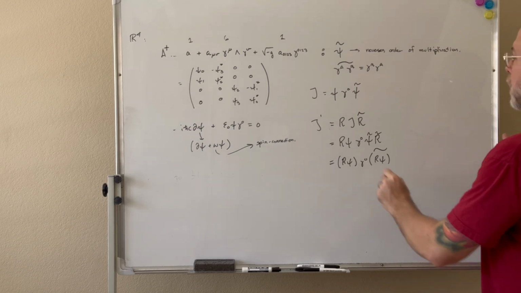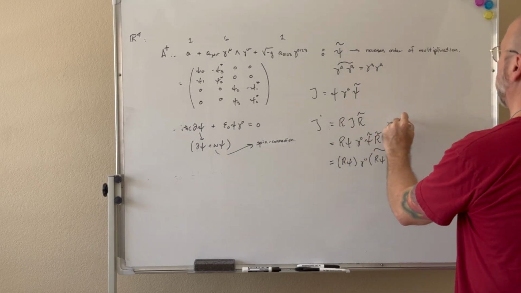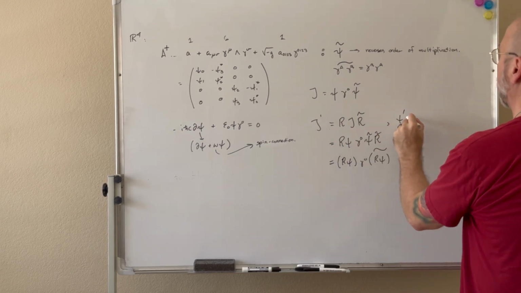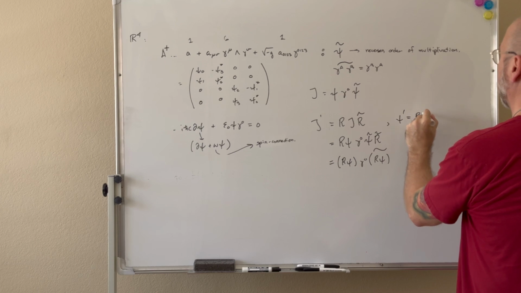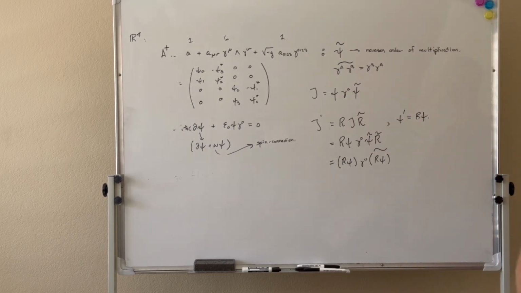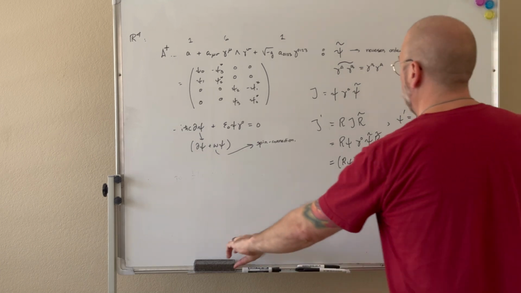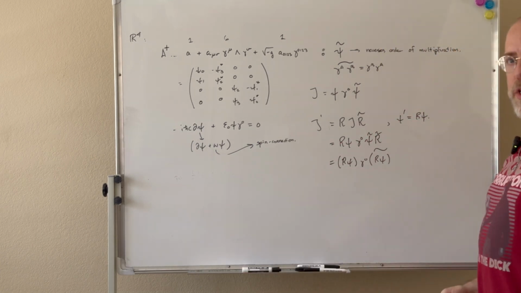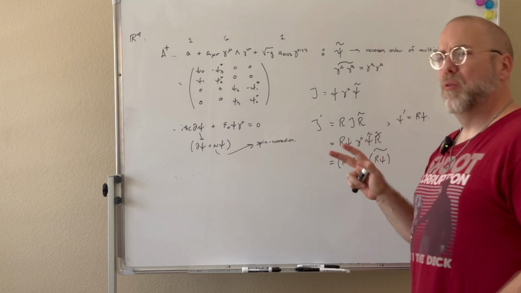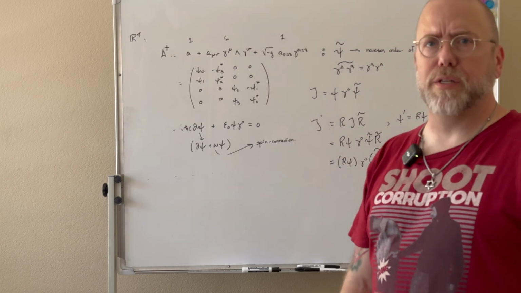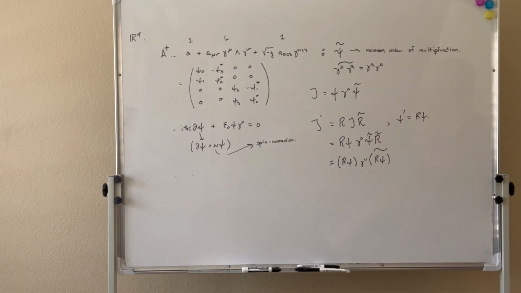So clearly the effect of this rotation on J is the equivalent of taking psi and performing that operation on it. Okay, cool. So this is a Lorentz transformation, isn't it? We're doing rotations or Lorentz transformations in space-time. Boosts, if one of the elements of the rotation is time, and just regular rotations if both are space. Fine.